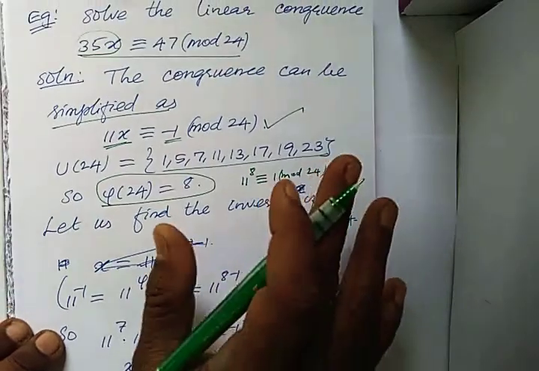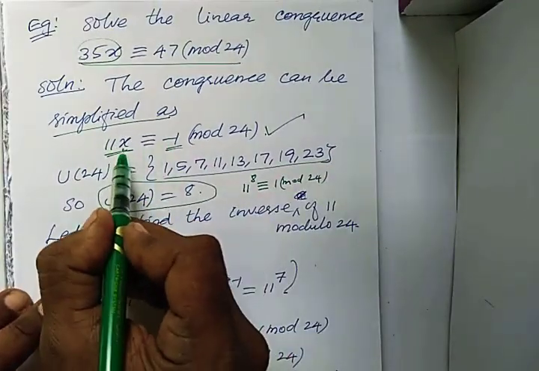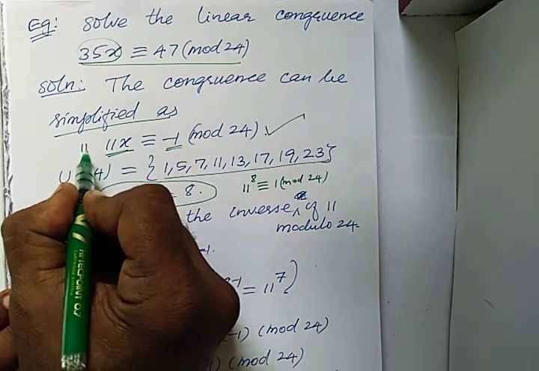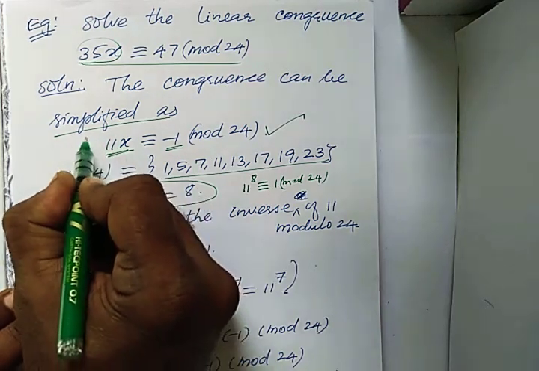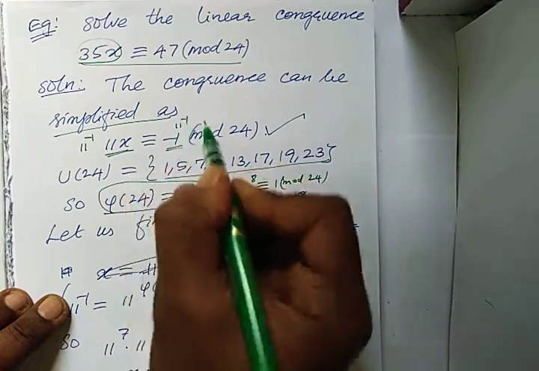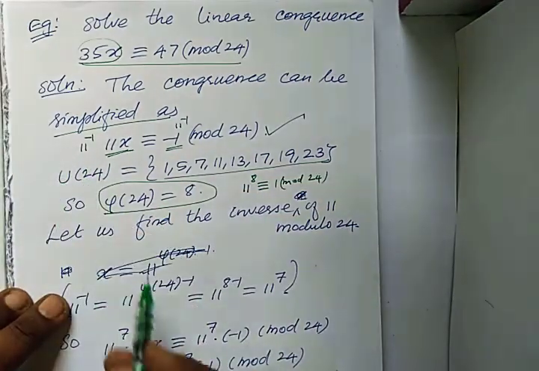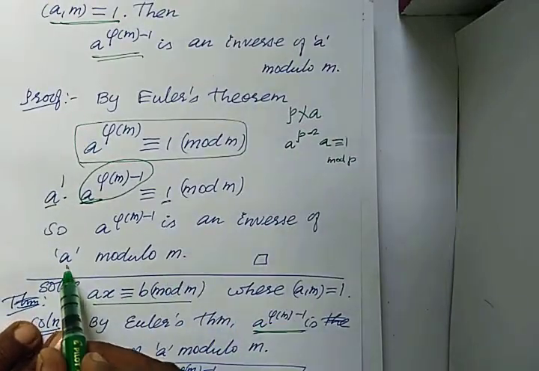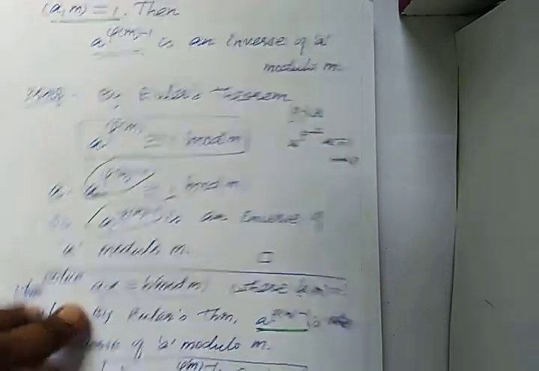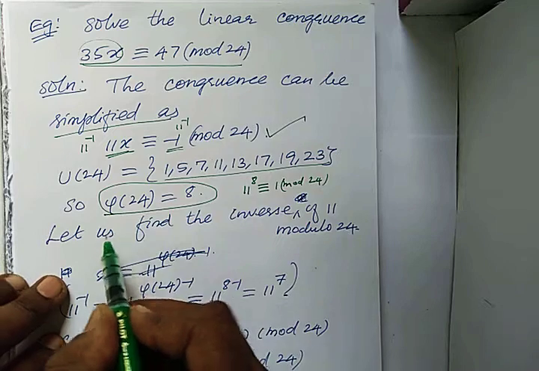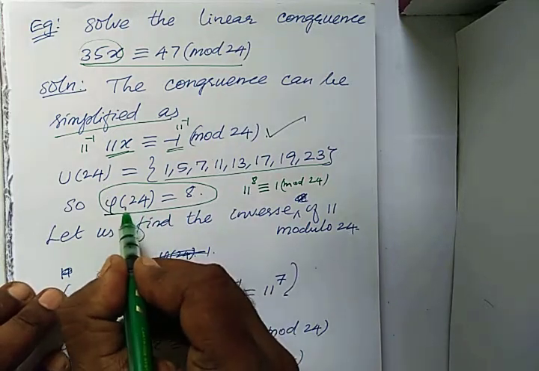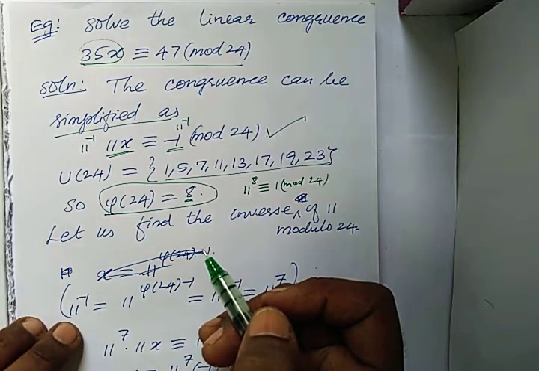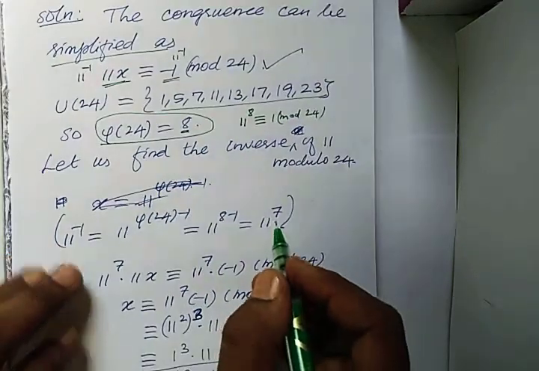But here we need to find x only, right? So we have to multiply on both sides by the inverse of 11. What is the inverse of 11? The inverse of a is a to the power phi of m minus 1. So here phi of 24 is 8, so we have to find 11 power 7.